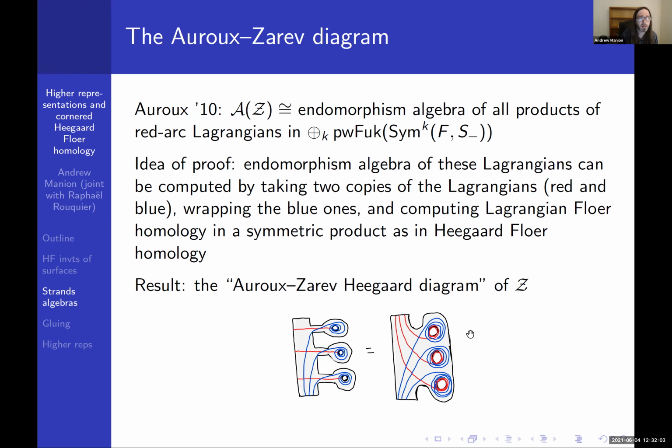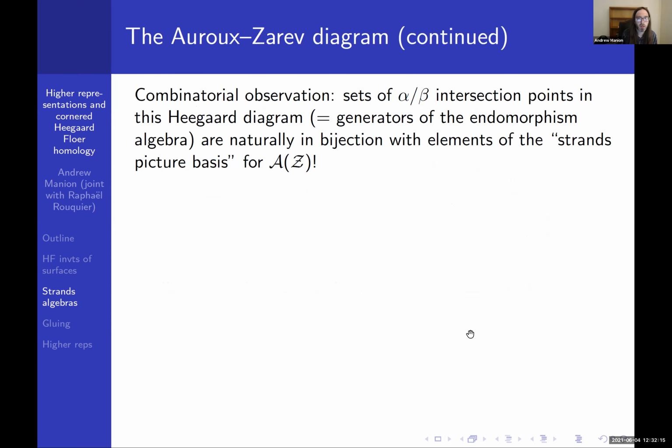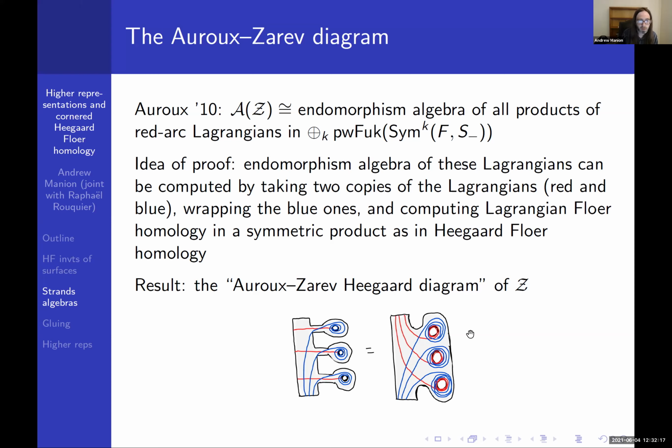And then you can talk about the differential, which should be the Heegaard Floer style differential for doing Lagrangian Floer homology in a symmetric product. And you should also be able to describe the multiplication in holomorphic terms. That's how you would define the endomorphism algebra. On the other hand, we have this combinatorial strands algebra.